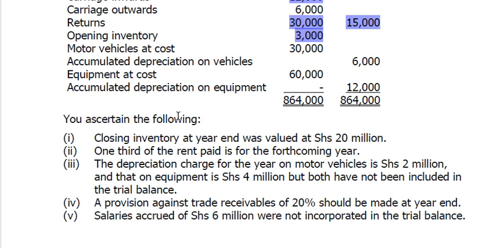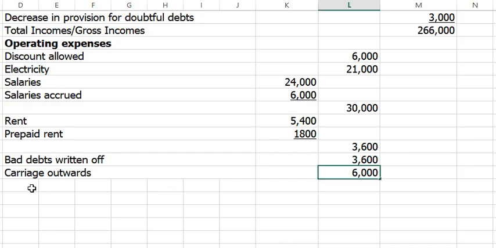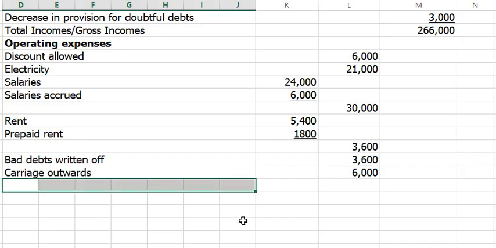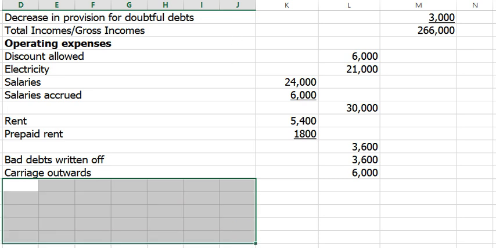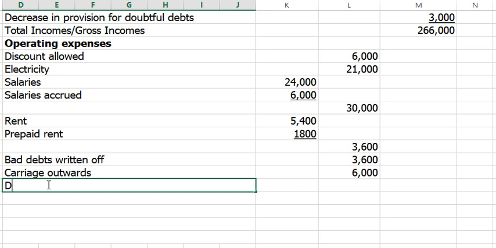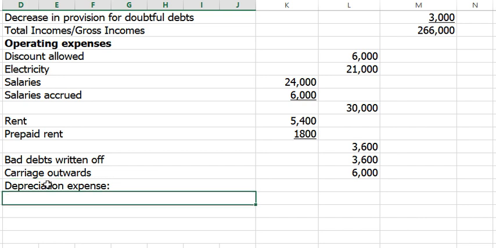So you add the depreciation, you bring that depreciation in your income statement. So you have the depreciation expense. Motor vehicles.